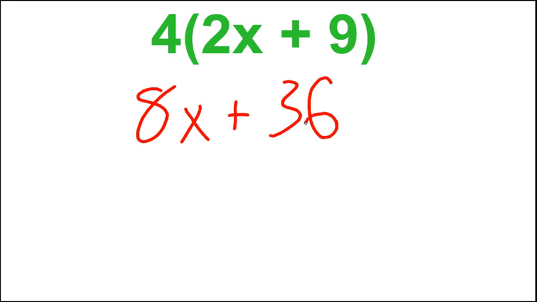When we distribute that 4 to the 2x, if there's a coefficient on the variable, you just multiply the number times the coefficient. So 4 times 2 gave us 8, and then we still distribute to the second part for the 4 times 9 and the 36. All right, any questions on that?